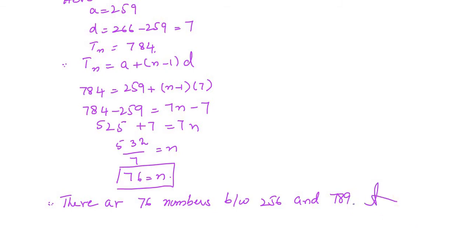This was question number 9, and question number 10 is: find the first term and the common difference of the arithmetic progression when the 4th term is 7 and the 16th term is 31. Question number 10 has 3 parts. In the second part, its 8th term is 7 and 11th term is minus 23.